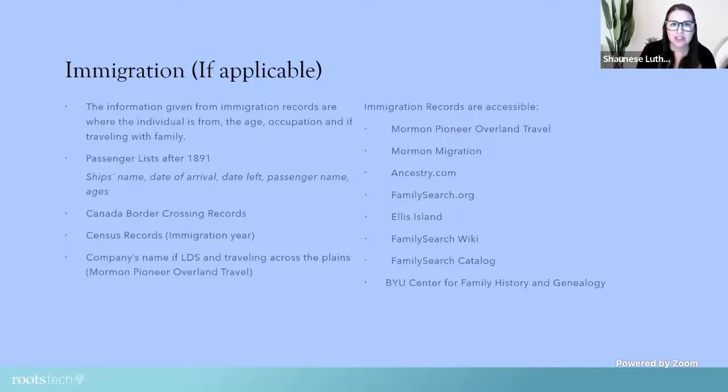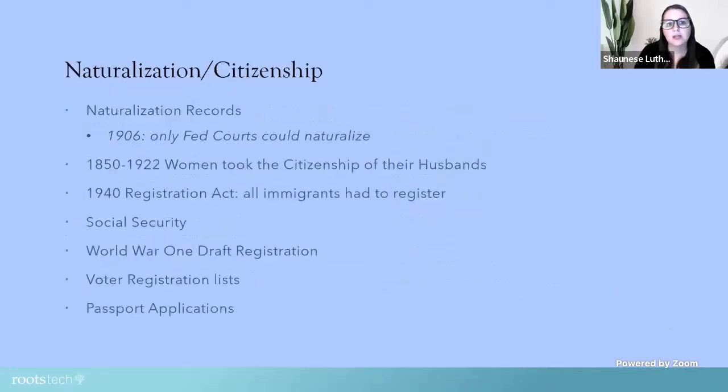The next is naturalization and citizenship. So naturalization records, in 1906, only federal courts could naturalize. Between 1850 and 1922, women were under it's like the umbrella. If their husbands became naturalized, then they were naturalized.